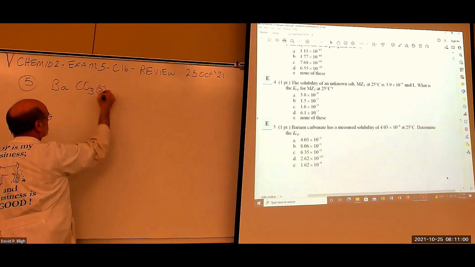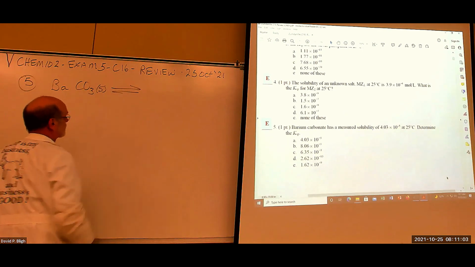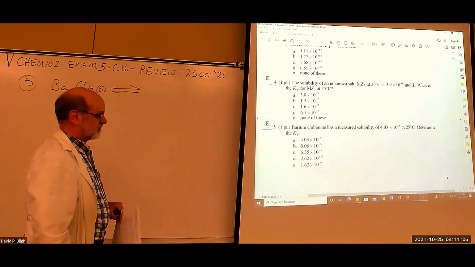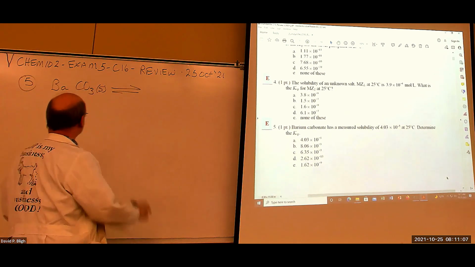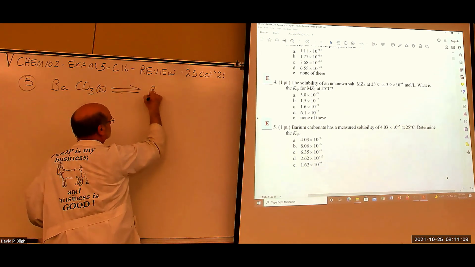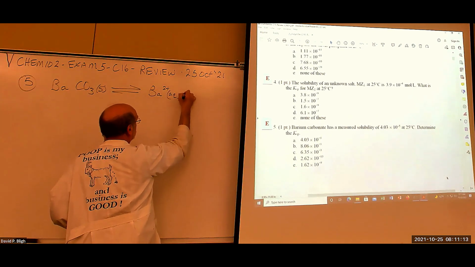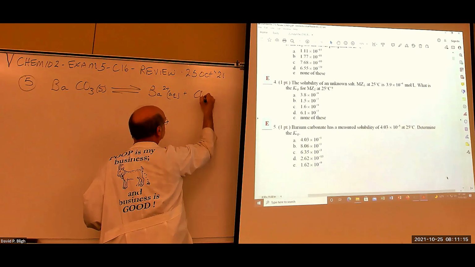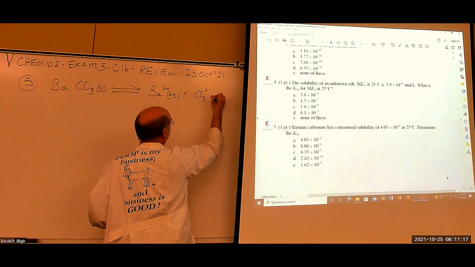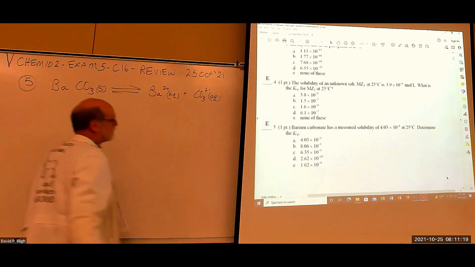This is a solid. So we're going to put it in solution, limited as it is. What does it produce? It produces a barium and a carbonate. Okay, there's a balanced equation.